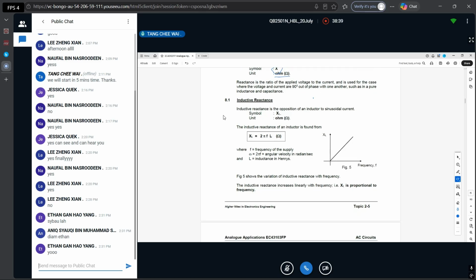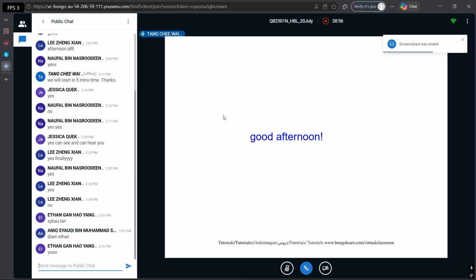This is the symbol. It is just like resistance in a DC circuit, just that now it's in AC. Then ohm. Although it's named differently, in resistive you call it resistance, here you call it reactance.